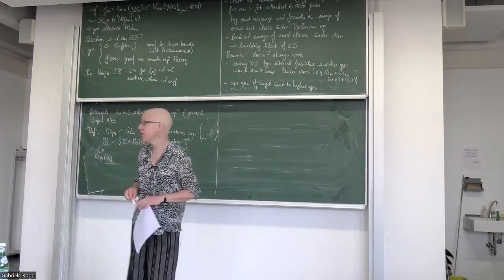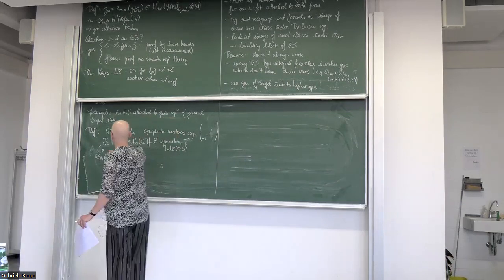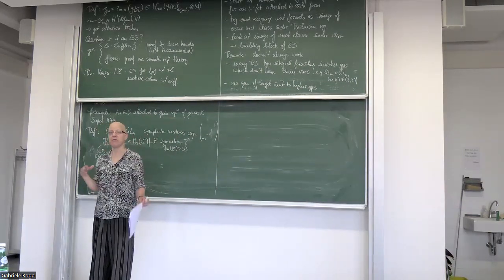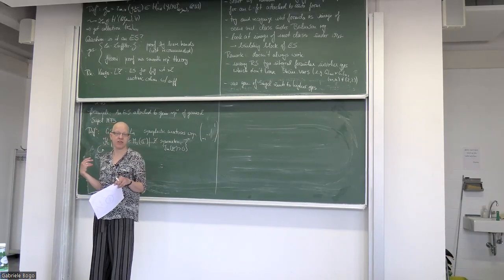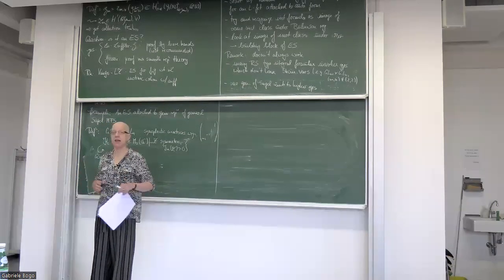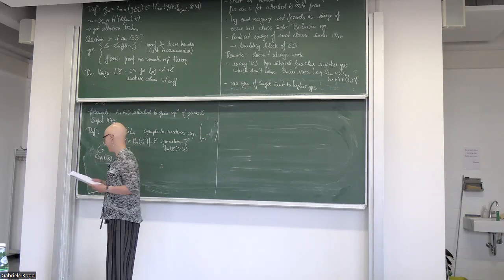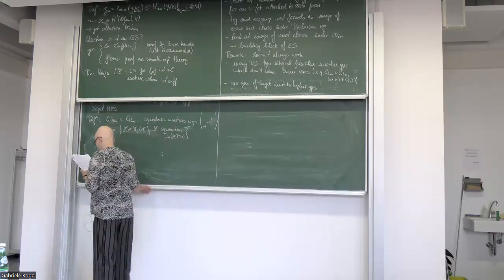These are certain functions from H2 into the complex numbers which satisfy certain transformation properties under the action of this group. This is all quite analogous to the definition of modular forms.